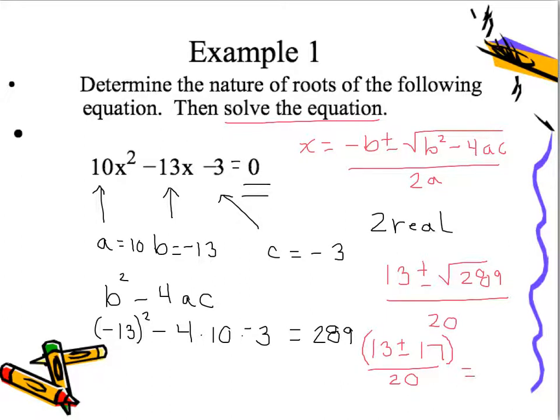If I do 13 plus 17 enclosed in parentheses and divide by 20, I should get 1.5. If I do 13 minus 17 enclosed in parentheses and divide by 20, I should get negative 0.2. So we said there would be two real solutions, and there were. They are 1.5 and negative 0.2.